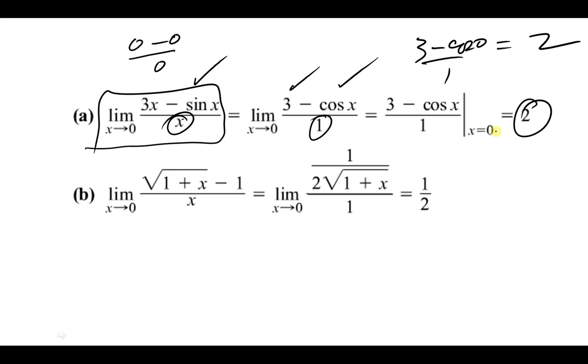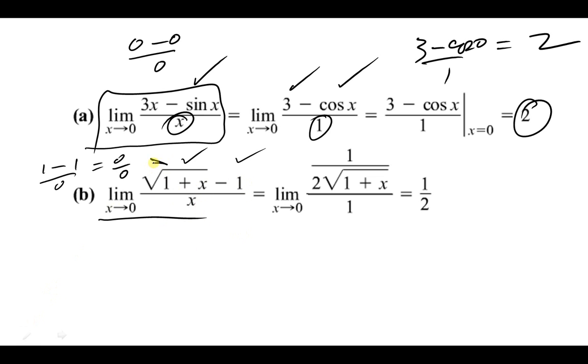Now let's look at the limit of the square root of 1 plus x minus 1 divided by x. Notice if you plug in, you get 1 minus 1 over 0, which is 0 over 0. So L'Hopital's rule applies, so we have to calculate the derivative of the numerator and the denominator.